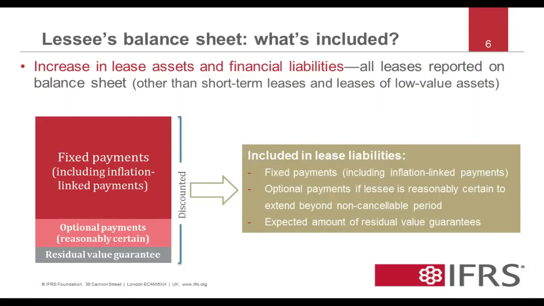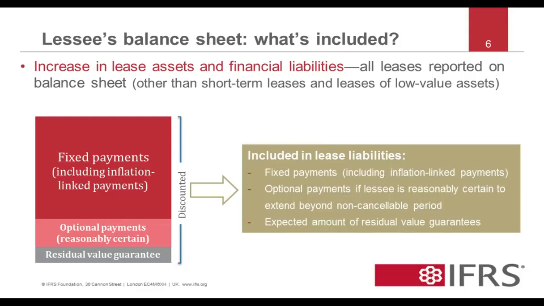First, I will talk about the balance sheet, which is covered on slides 6 and 7. Slide 6 summarizes what is included in the recognition and measurement of lease liabilities, and slide 7 summarizes what is excluded. Just to note also that the measurement of lease assets is based on the measurement of the lease liability, with a few adjustments where relevant.